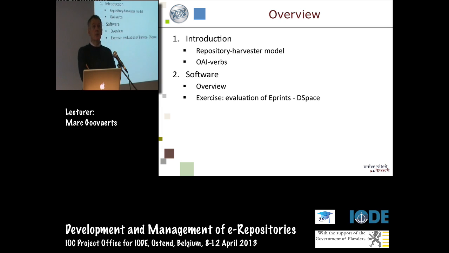Because if you want to create rich services on another level, you need rich metadata. The other level is the harvester level. It is in fact not important that your record is available in your local repository. It's much more important that it is available in search engines where people can find it, as they will not find it locally.